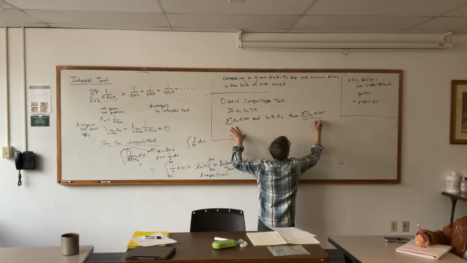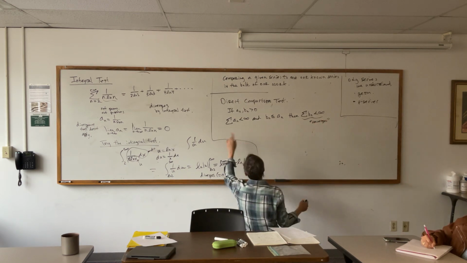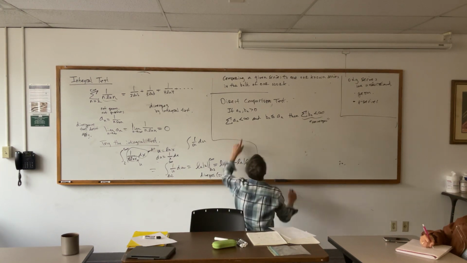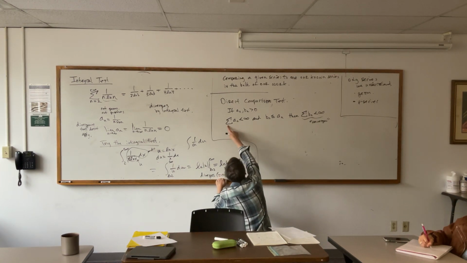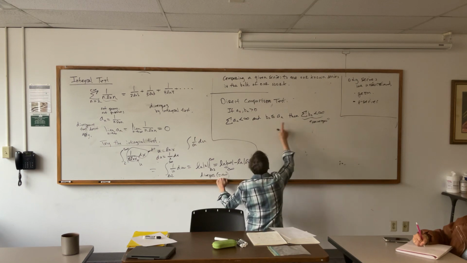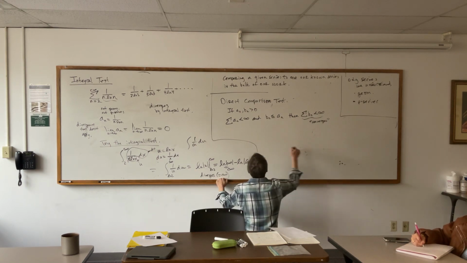So remember, this is just shorthand for converges. When I write less than infinity, that means it adds up and it's finite. So check out how this works. I've got something that I understand, I've got something that lives underneath it, then this thing that lives underneath it must also add up to something finite.